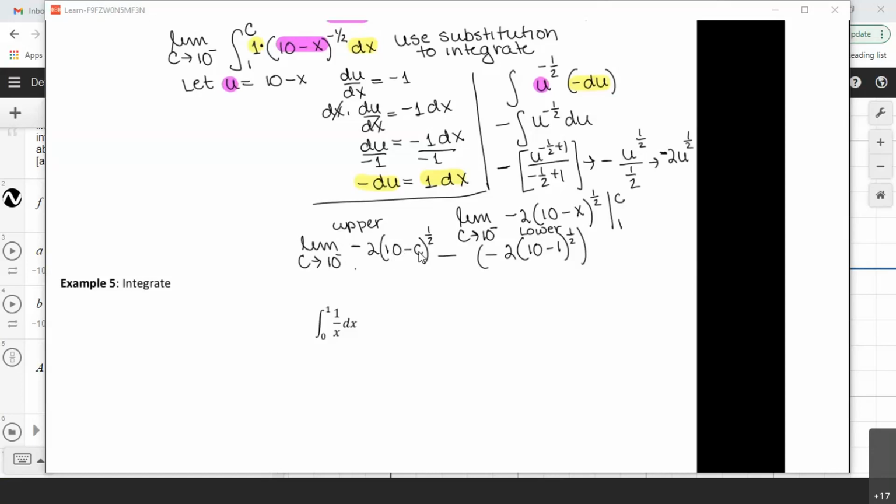How about if this is 9.99? Then it's 1/100th. So you're imagining this value getting close to 10, but from the left side, and you can see this gets very, very small. So this quantity is approaching 0 as I approach 10 from the left.